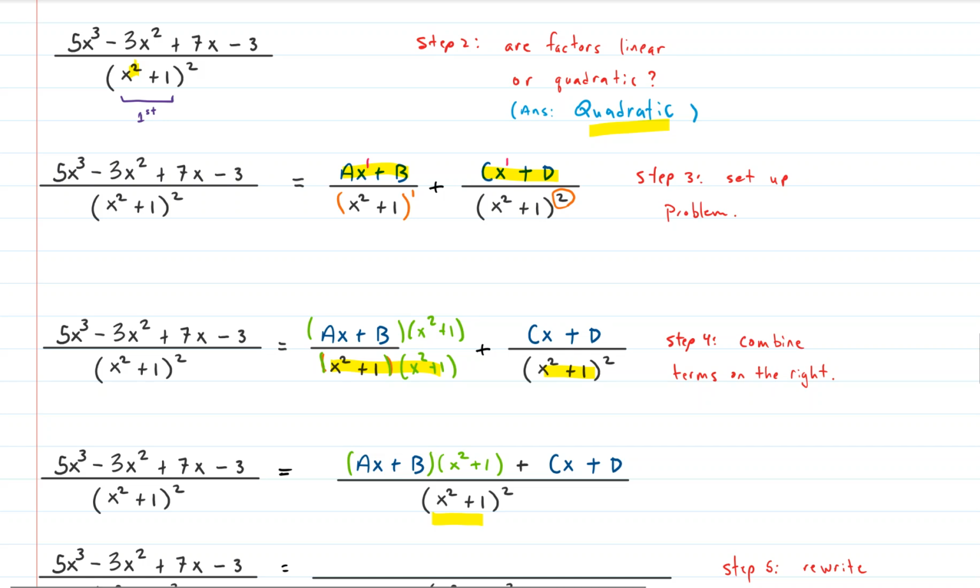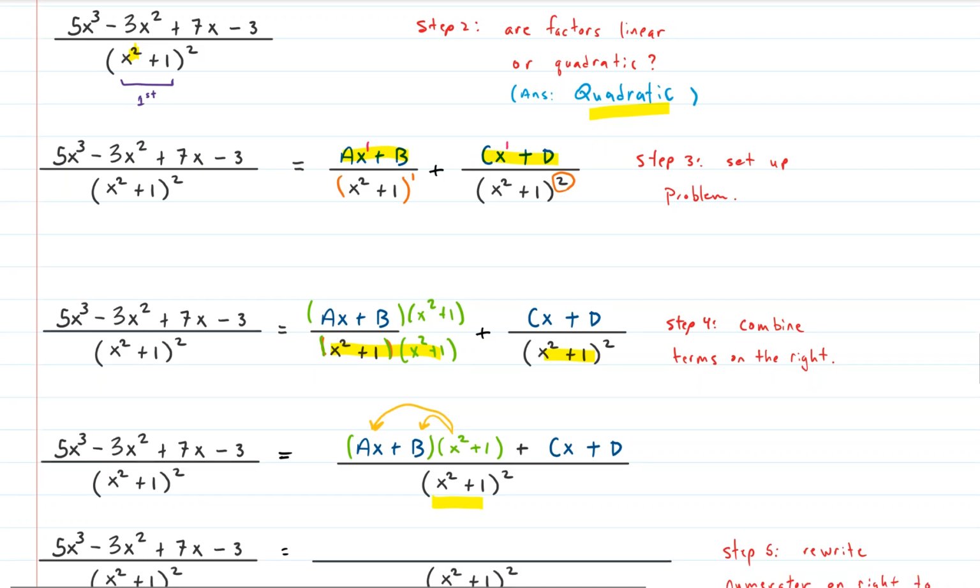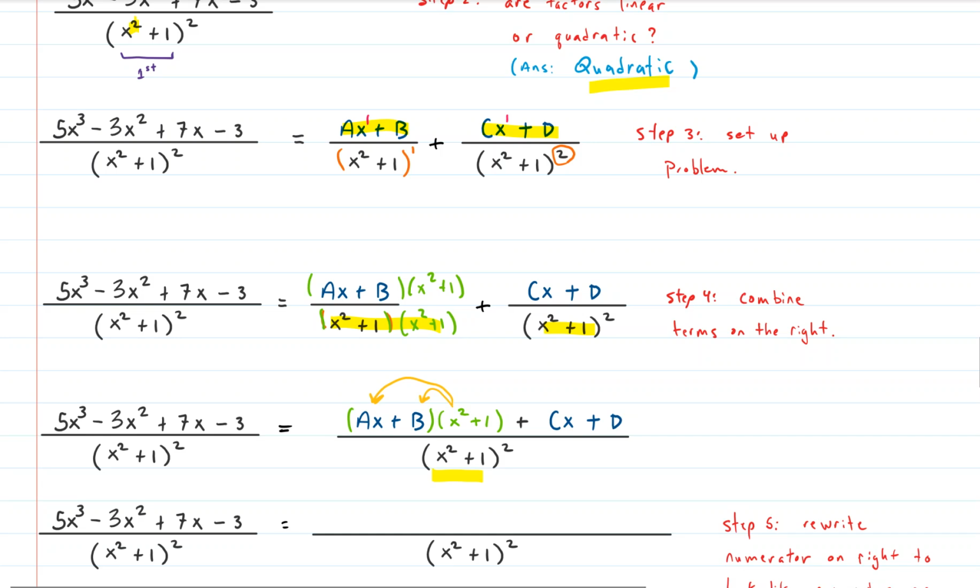So we should probably do some algebra, right, and FOIL this product out. When we have ax times x squared, what does that give us? Ax cubed. When we have x squared times b, that gives us bx squared.